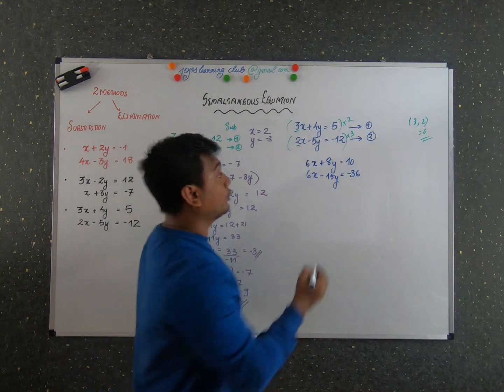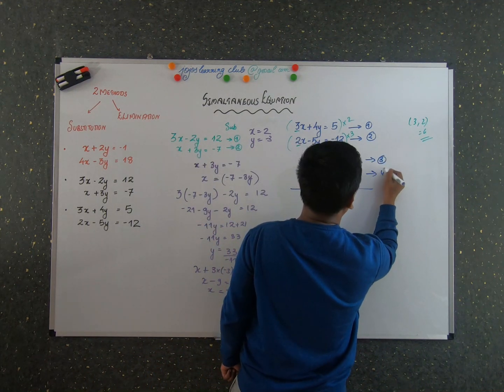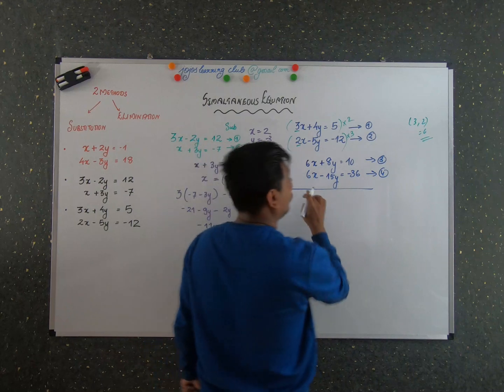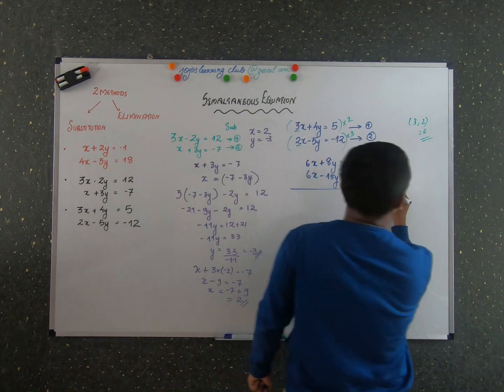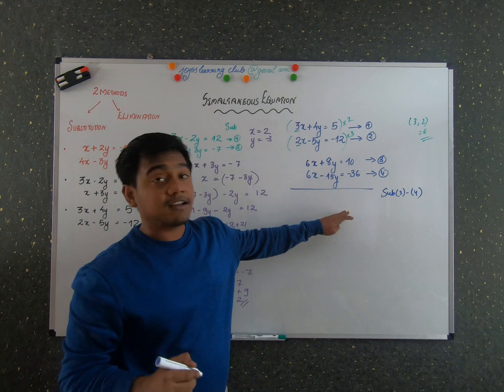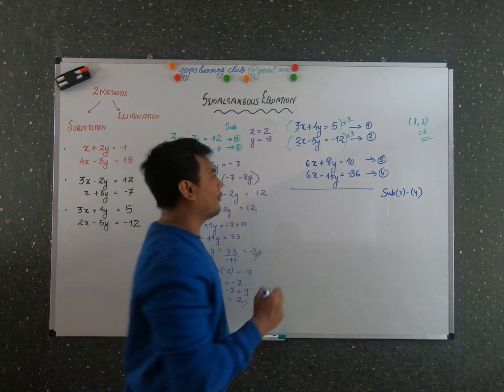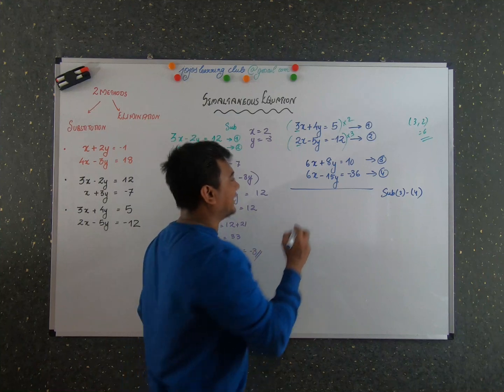Now what can you do? We have equation 3 and equation 4. These are plus quantities, so to get a minus, you have to subtract either 4 from 3 or 3 from 4. I'm going to subtract equation 4 from equation 3.